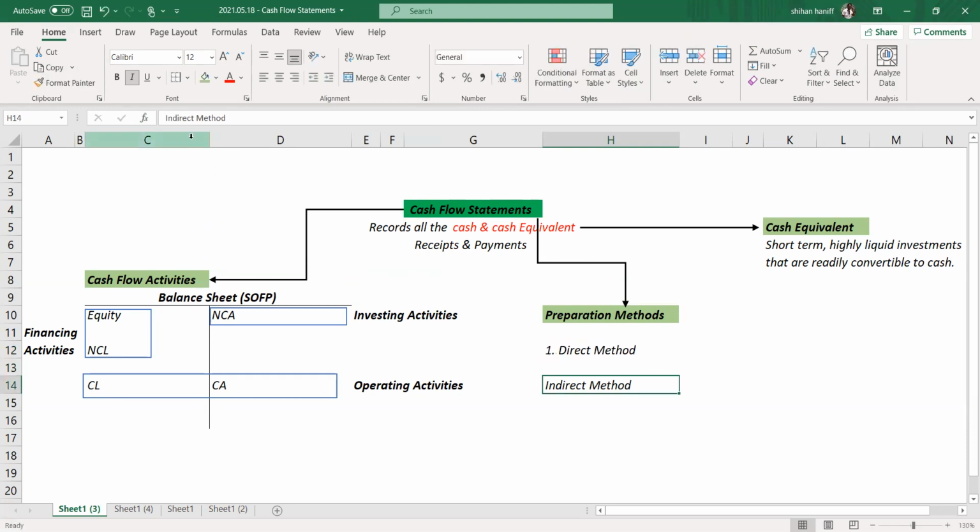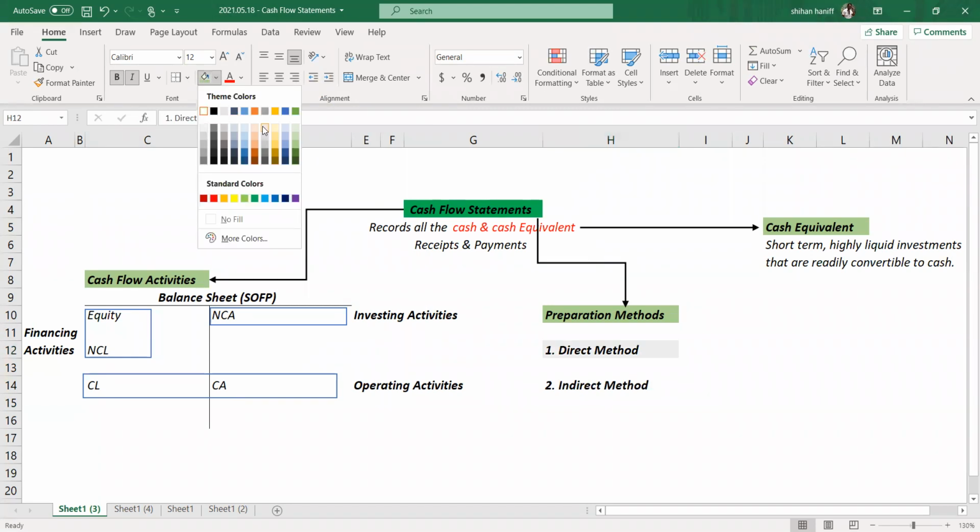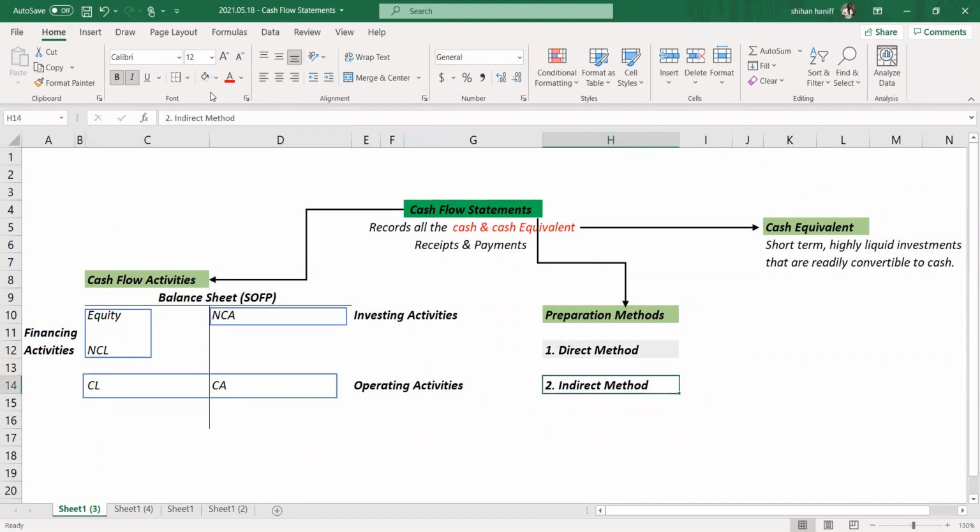So this is the theory part related to cash flow statement. Most of the questions are based on the indirect method. Okay, so this is the summary.